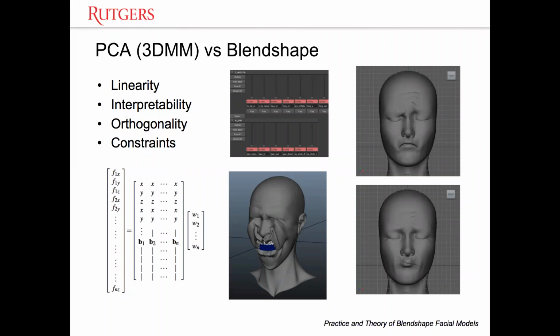The first component is orthogonal to the second, and the first is orthogonal to the third. But for blend shape models, I don't think they are orthogonal because you can have a mouth open, but you can also have a mouth smiling. And I believe they are not orthogonal.